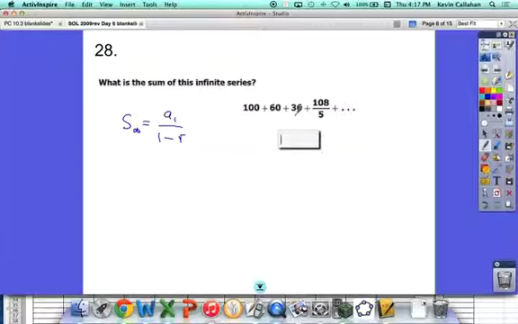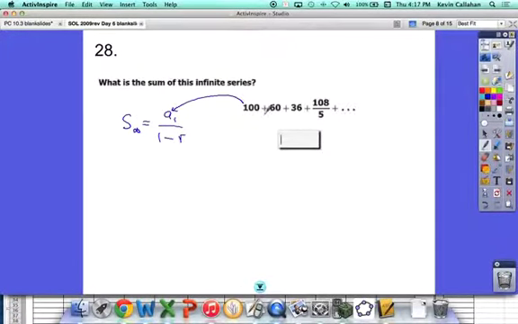We just need to plug in for two numbers, A1 and R. And the A1 is easy, that's the first term. That goes there. Remember, the R is the ratio of consecutive terms, meaning divide the second by the first, or the third by the second, or the fourth by the third. It doesn't matter, they're always going to be the same thing.